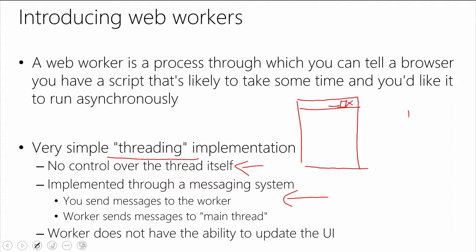And then over here, I'm going to have my little web worker. And so what I'll do is I'll send a message over to the web worker. The web worker will then do its little work, whatever it is that it might want. And then when it realizes, oh, I need to let the caller know what went on, it's going to send a message back to the original caller, which in my little drawing here is going to be the browser.